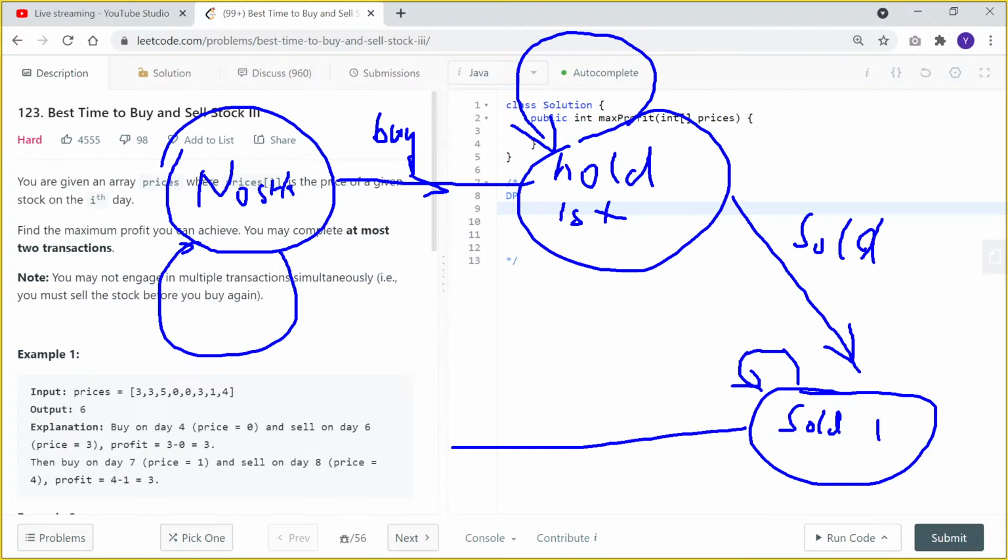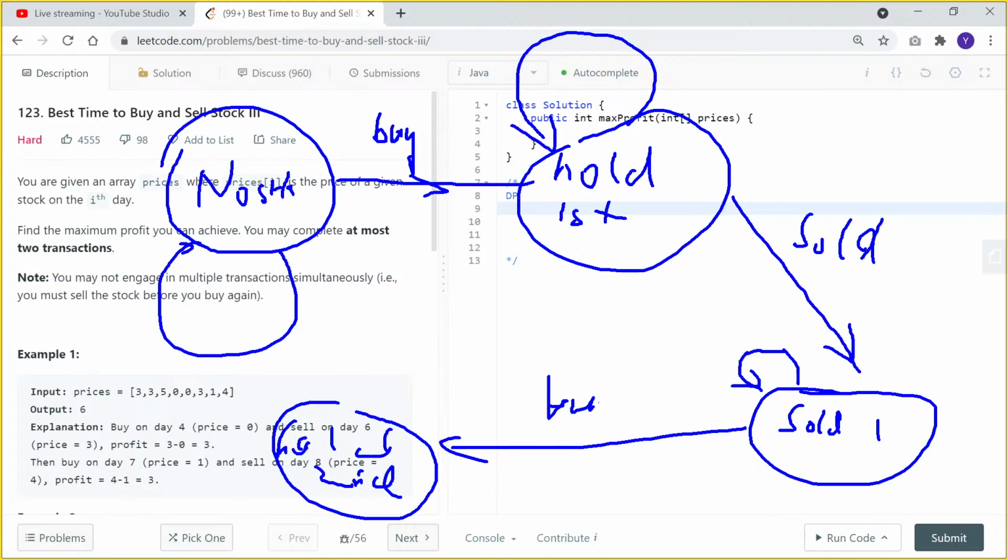Then the next state is if we buy again. We can call it hold second time. Whenever we have a buy or sell on the transition, there is a change in the profit. The hold second time also has a self loop.